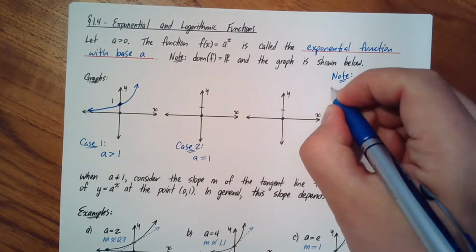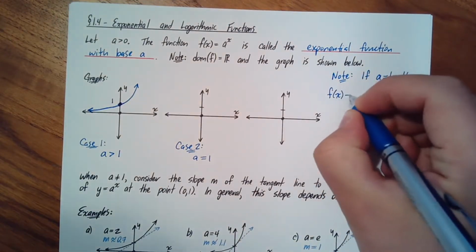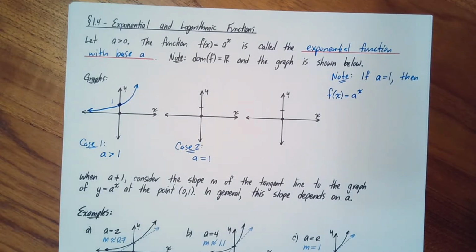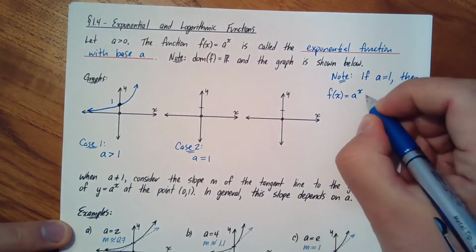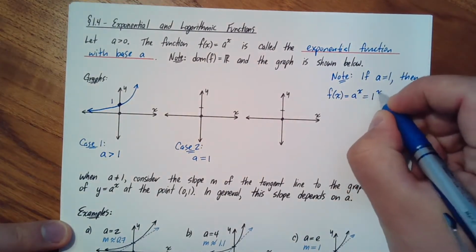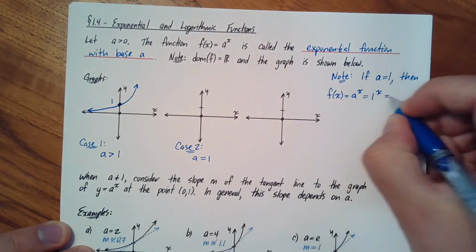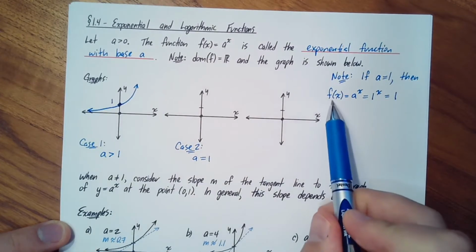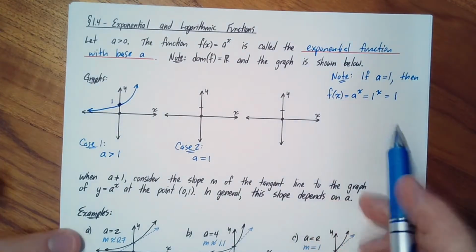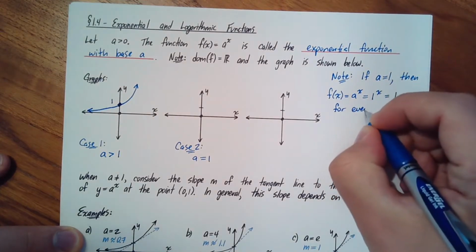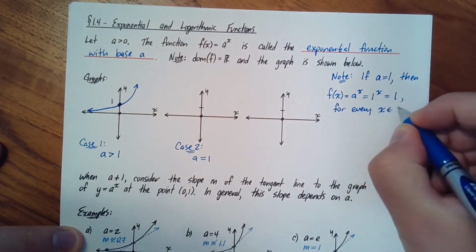Well, we still would have f of x is equal to a^x, if you want to talk about the exponential function with base a. But if a is equal to 1, then this is really just 1 to the power of x. But 1 to the power of anything is 1. So really, you just have f of x is equal to 1 for every real number x.